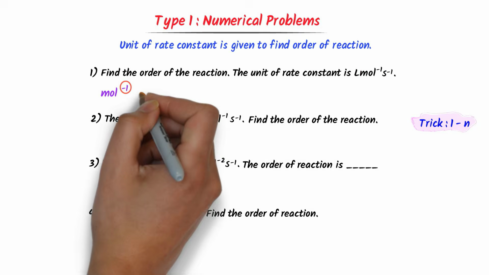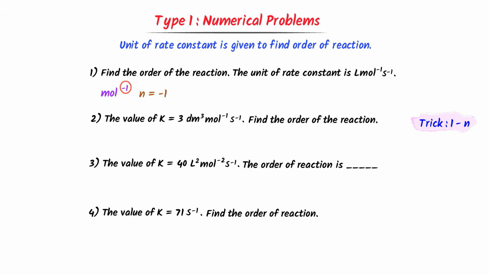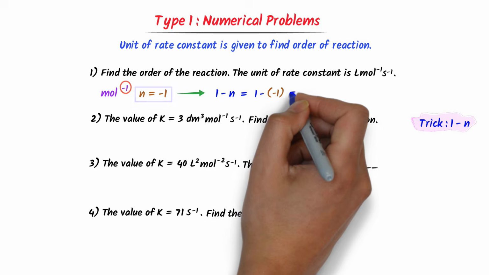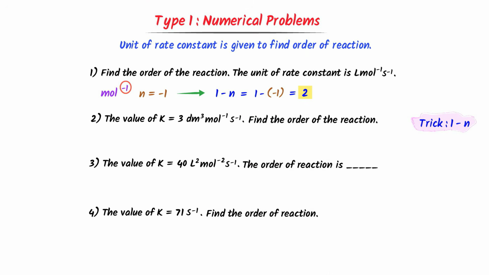I write n is equal to -1. Now I use this formula of the trick, 1 minus n. We know that the value of n is equal to -1. I plug in the value of n in this expression. I write 1 minus (-1). After calculation, I get 2. Hence, the order of this reaction is 2.